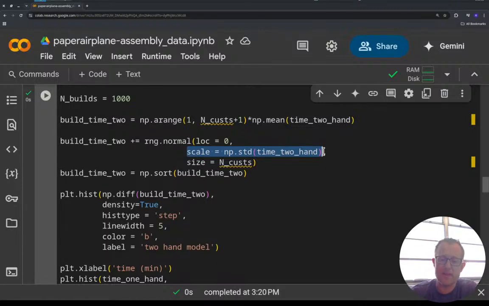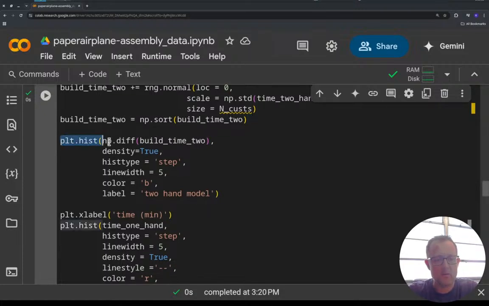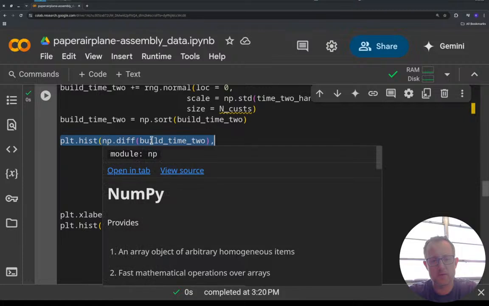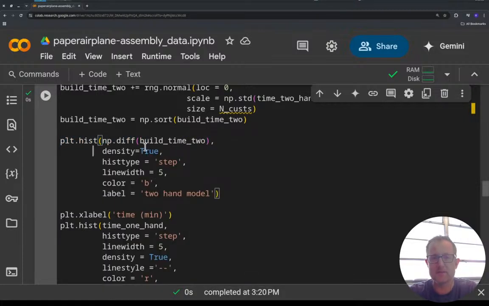So we might end up with negative times, but I sort those so that if build time 1 is 60 seconds and build time 2 is 55 seconds, we just switch them and say that the next one took about 5 seconds to build. Okay, and then we take the difference between those build times. So that np.diff is going to tell us how long it took to build each paper airplane.